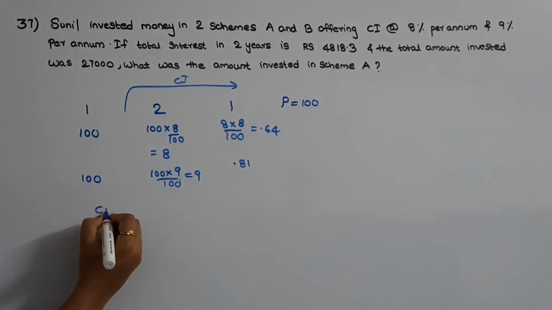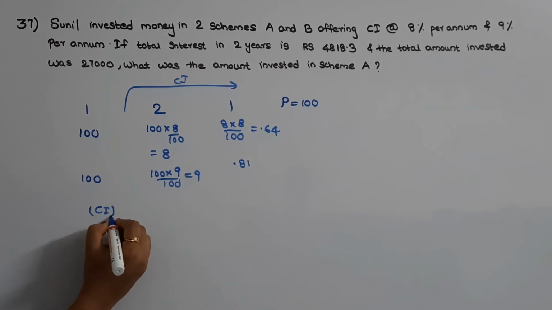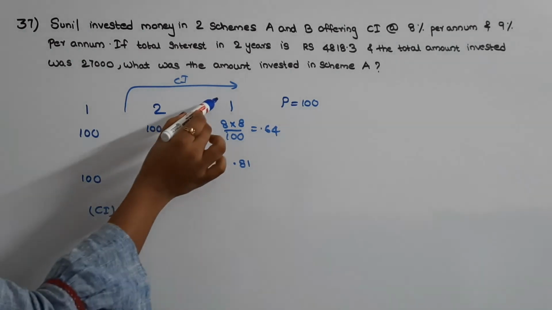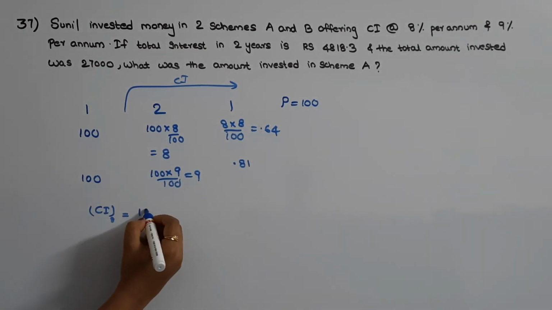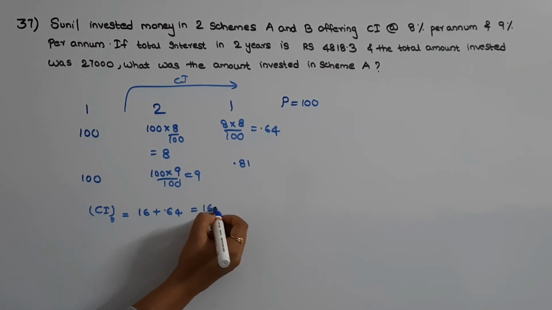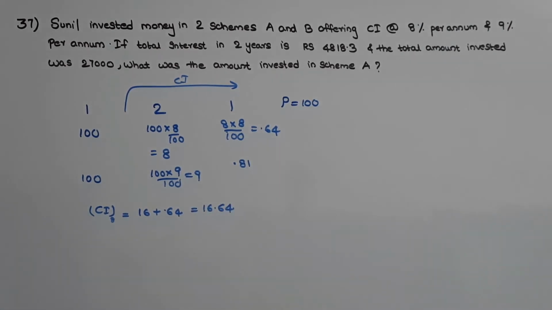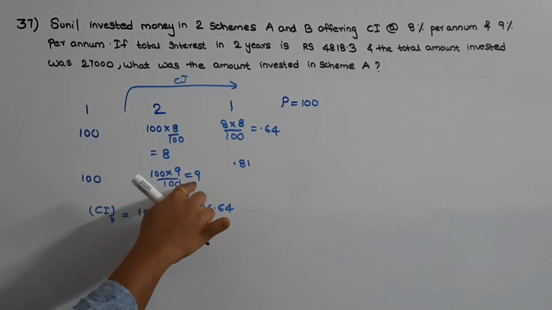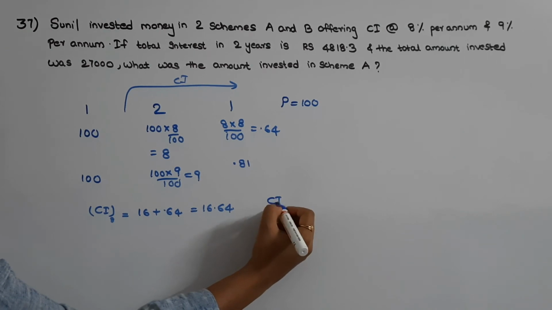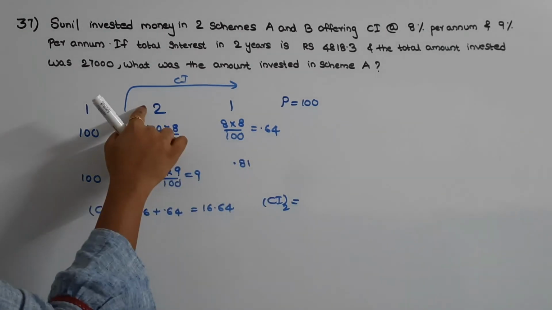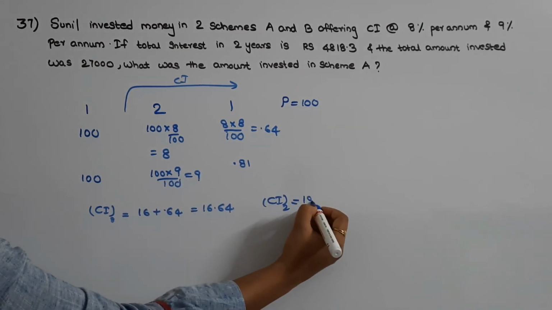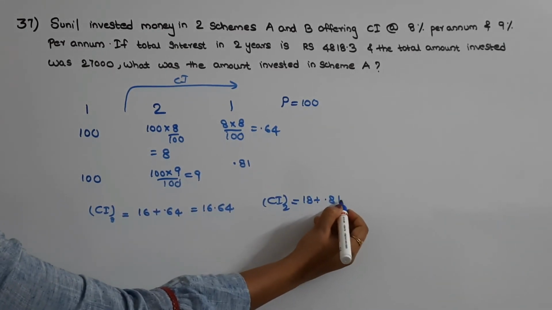So compound interest when rate is 8 is equal to 2 into 8 plus 1 into 0.64, that is 16 plus 0.64, that is equal to 16.64. Now what is the compound interest when the rate is 9? It is 2 into 9 plus 1 into 0.81, that is 18 plus 0.81, that is equal to 18.81.